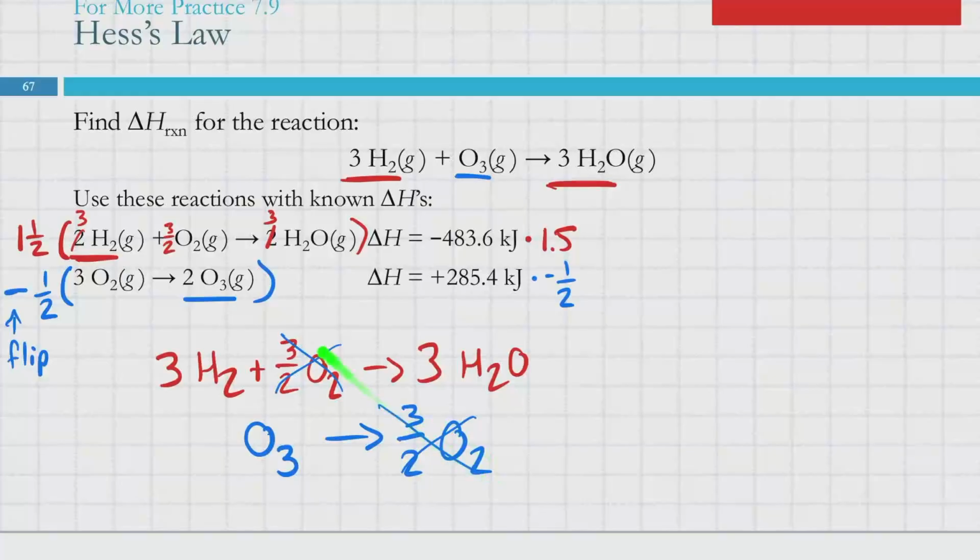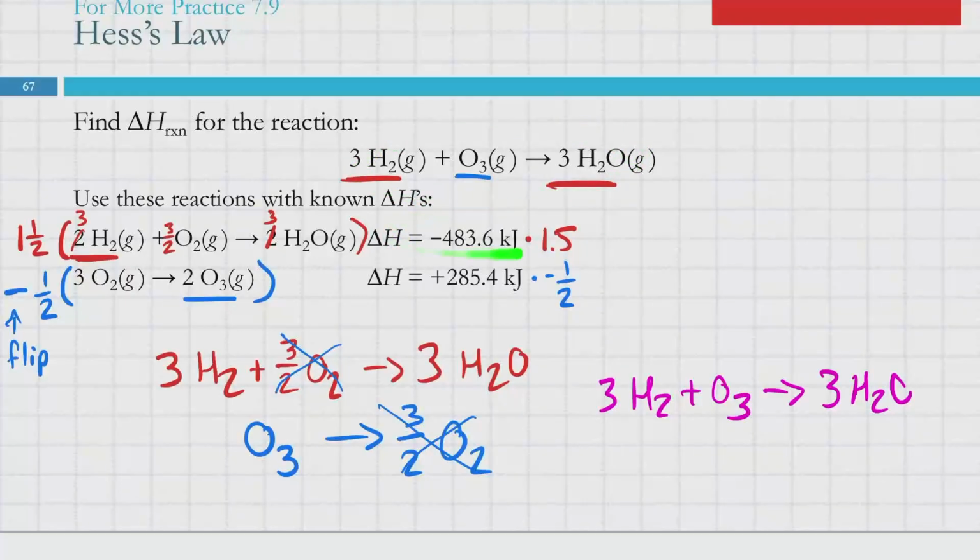So we can omit the O2 part, sort of like weaving it in. So our final would be 3H2 plus O3 goes to 3H2O. That was the goal.